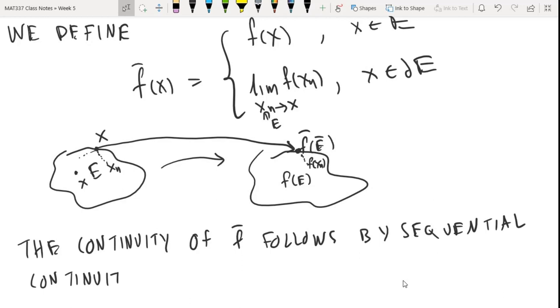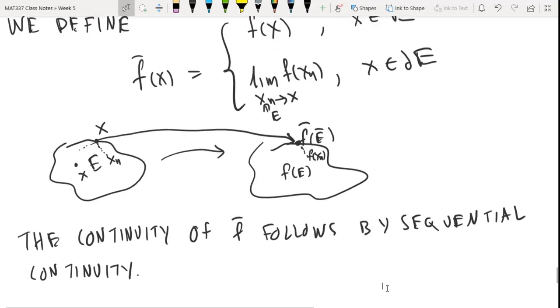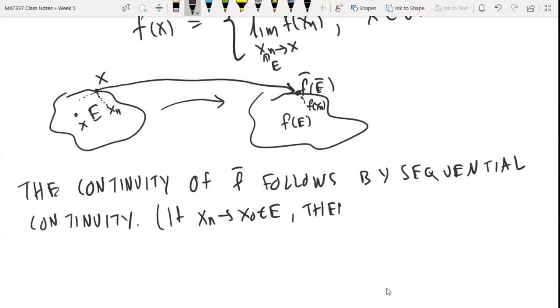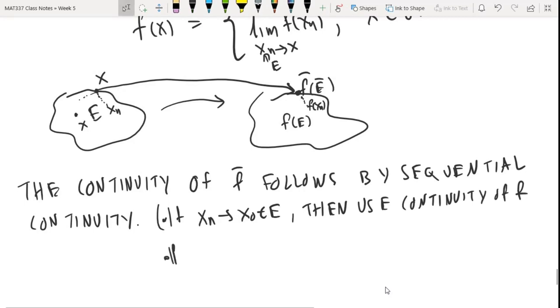So let's do this in a little more detail. Indeed, if x_n goes to x naught in E, then use continuity of f. If x naught is on the boundary, then use the definition of f bar as a limit.